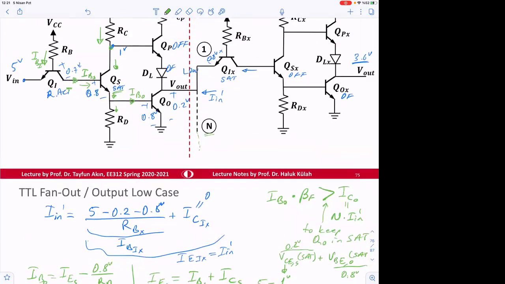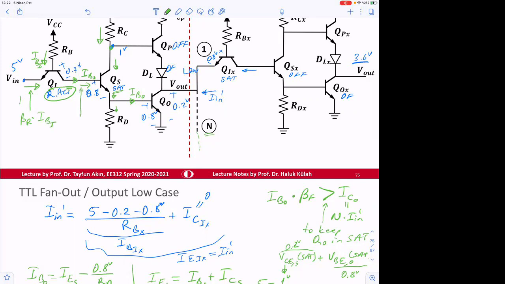Okay, so this is reverse active. In reverse active, this current is, let's say, whatever; later on we will calculate this because we will need it for the other fan out case. But in any case, this will be beta R times IBI.